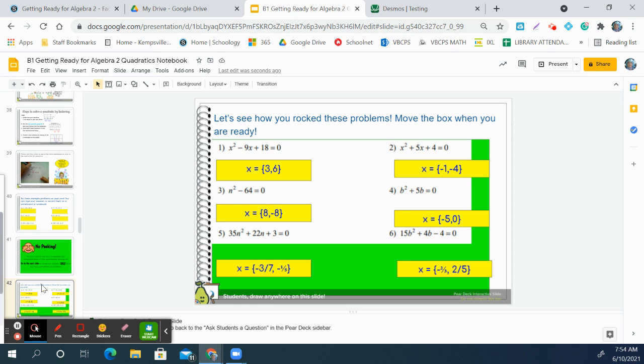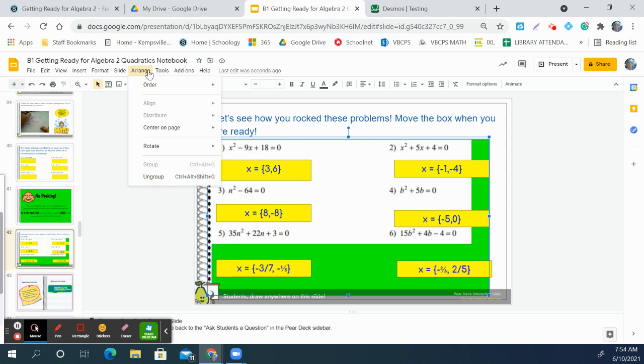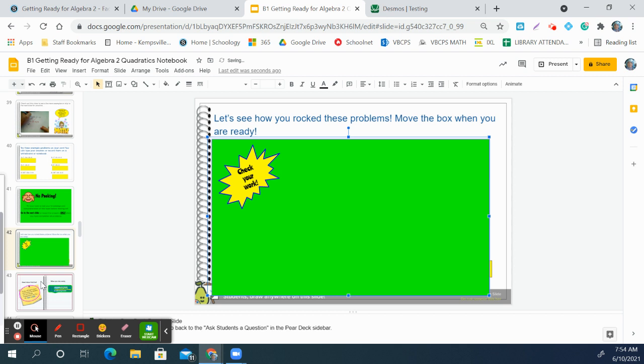Questions, comments, concerns, worries? These are simplified. So these are as simplified as they need to be. Okay?